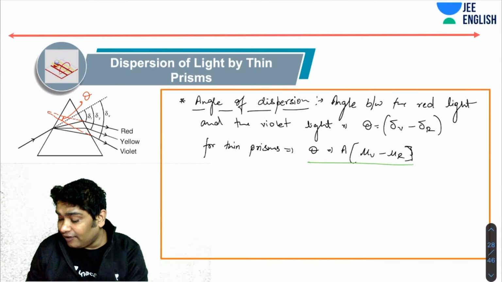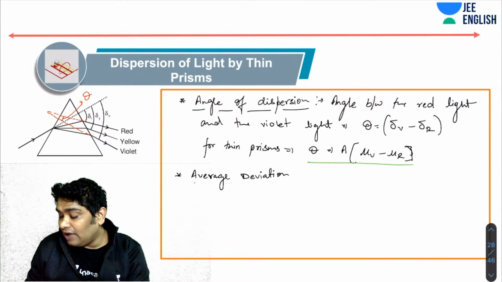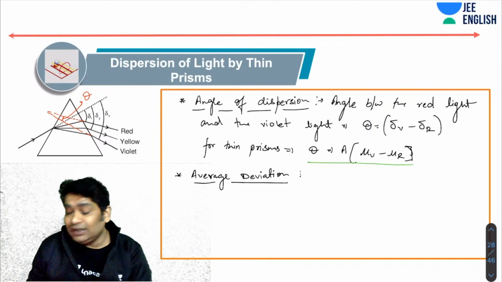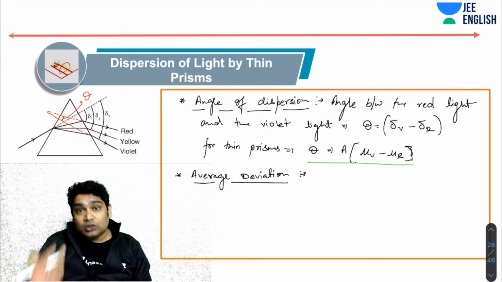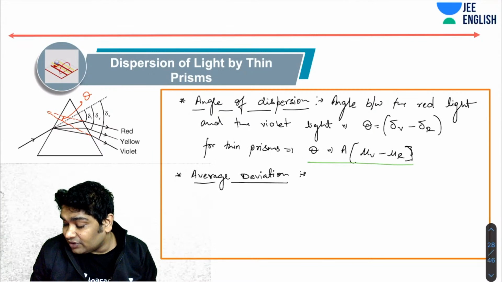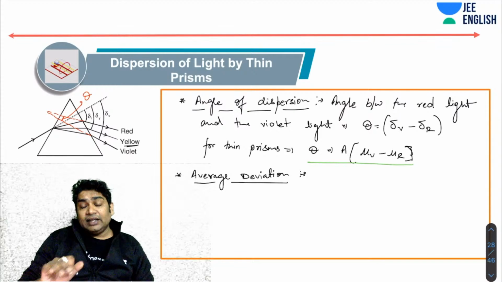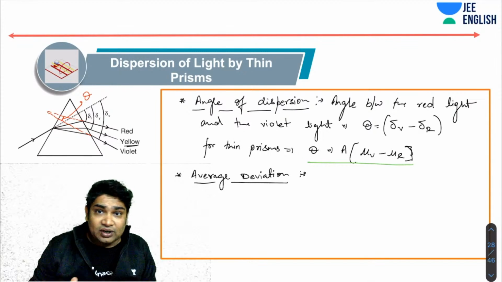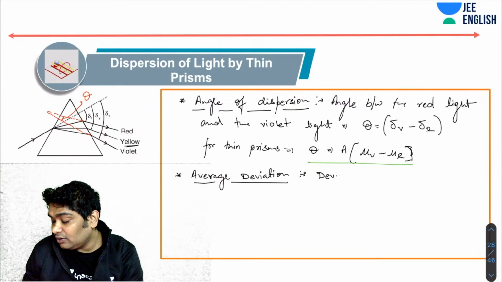Second term, you have average deviation. Average deviation is the average of the deviation suffered by the red light and the violet light. It also turns out to be the deviation suffered by yellow light. Whenever you have dispersion of light, the average deviation is suffered by the yellow light.